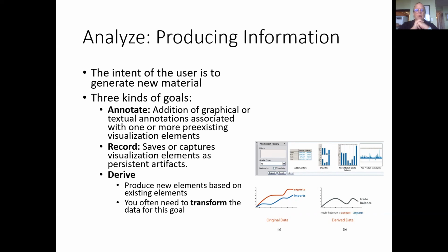And then derive is to produce new elements based on the existing elements. So here we're going to transform the data into a new element. The original data were imports and exports, and we transform those into a trade balance.